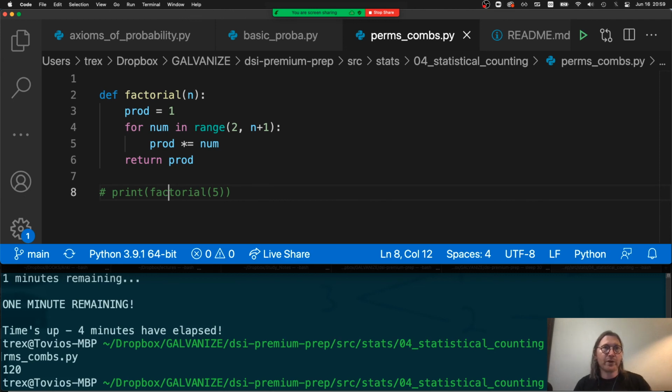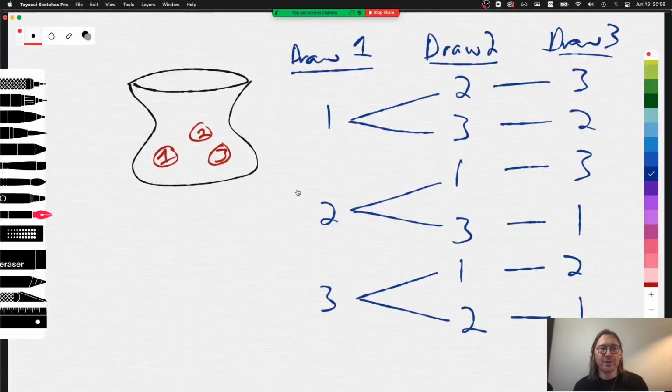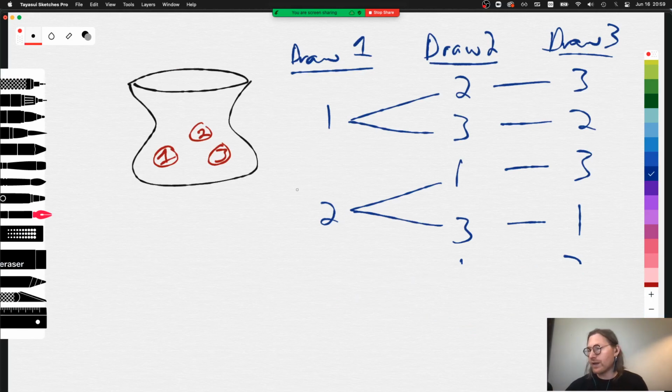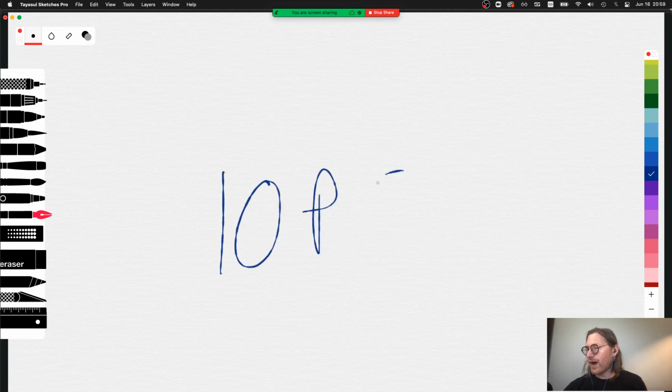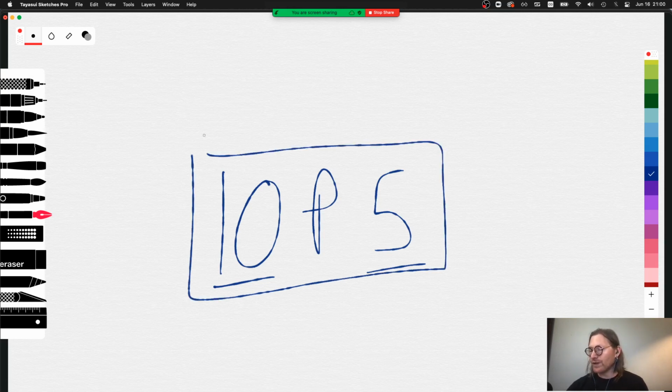The way we would probably notate that is 10 permute 5. So there are 10 objects. How many different ways can we arrange 5 of them? There's a systematic way that we can look at that, and there's a closed formula that will give us an answer to that question.